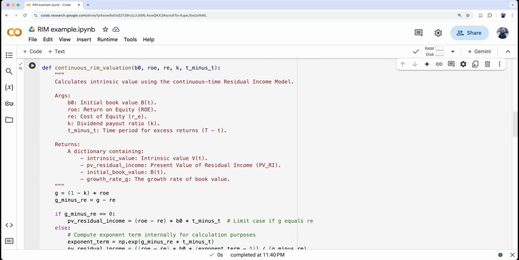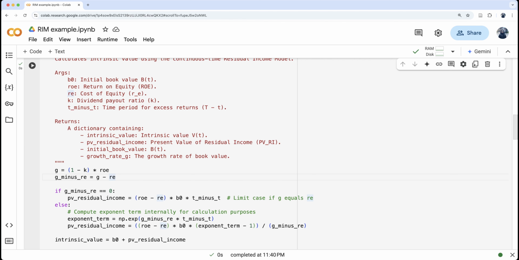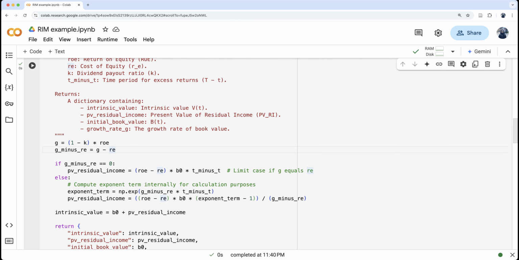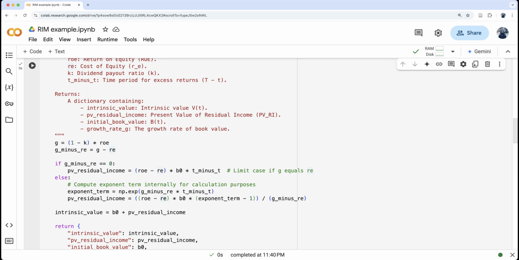So g minus RE is this one. If g minus RE is 0, PV of this one is simply ROE times RE times B0 times (T minus t), the limiting case if g equals RE. Else we have this one. The exponent term is np.exp of (g minus RE) times (T minus t), and then PV of residual income is this one.